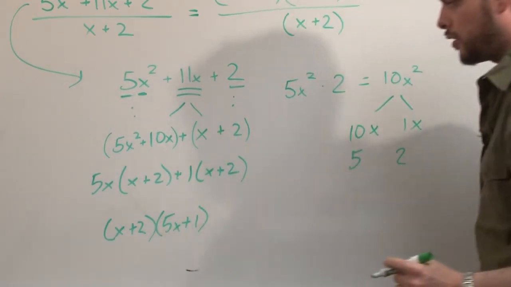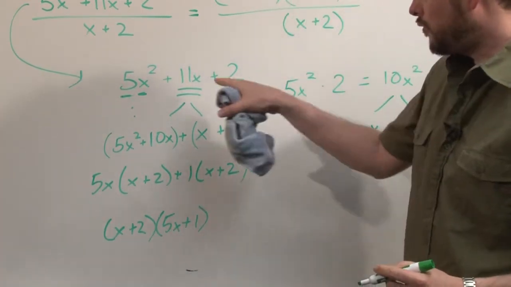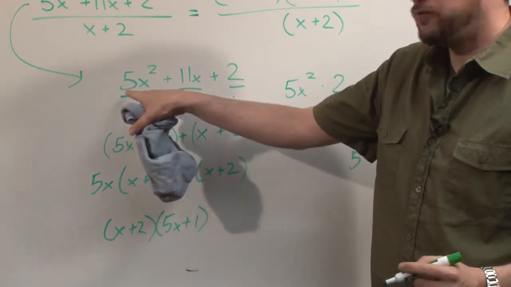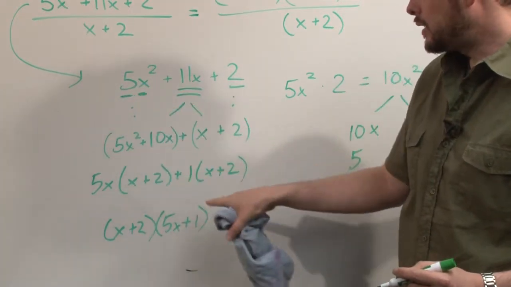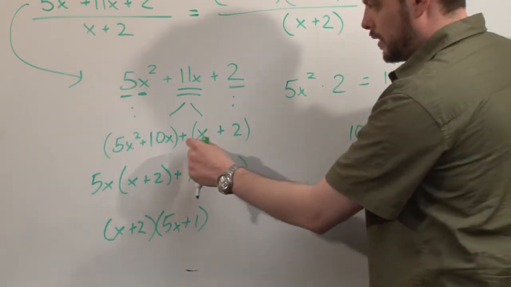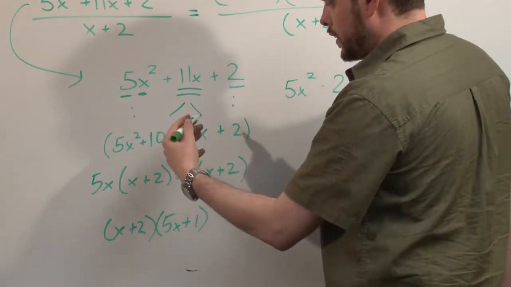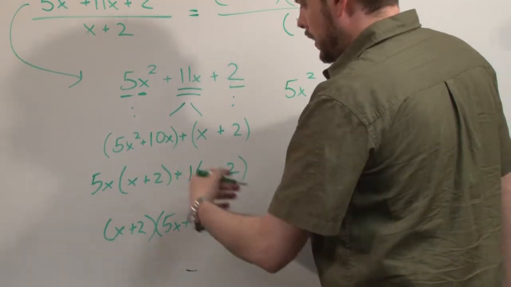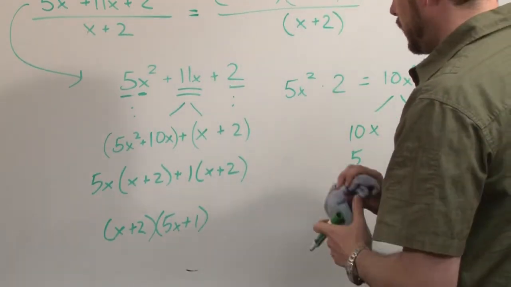This is a little bit longer way of factoring, but it's surefire in that it works with coefficients that are greater than 1, and it doesn't rely on any sort of mental tricks. You see all the steps happening, and it forces you to use your rules of distribution and association and commutation.